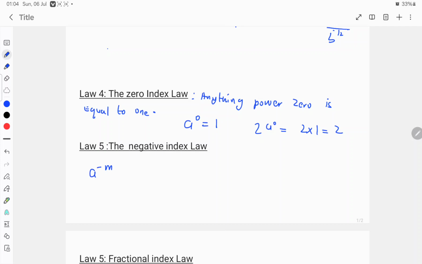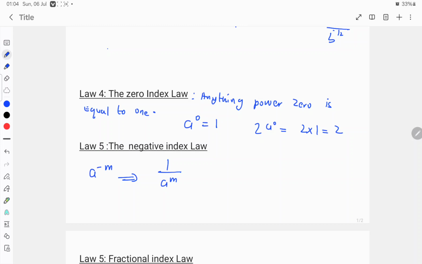Now normally in index we do not leave our answer with a negative index. So what you do here, you say, okay, it can be transformed and written as 1 over a power m. Now you can see that I no longer have the negative, and that's what I don't want.